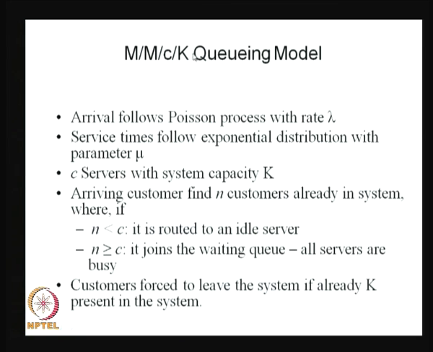Because it is a finite capacity, there is blocking, and we choose K such that K is always greater than or equal to C. If K is equal to C, then it is a loss system. If K is greater than C, then at most K minus C customers can wait in the queue.